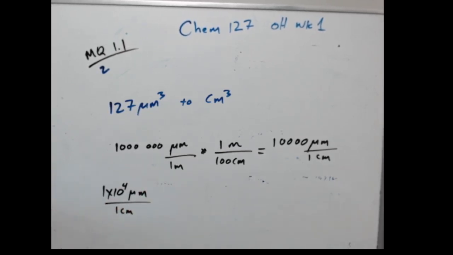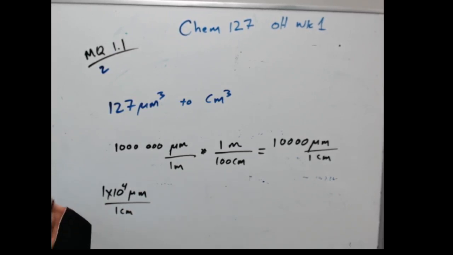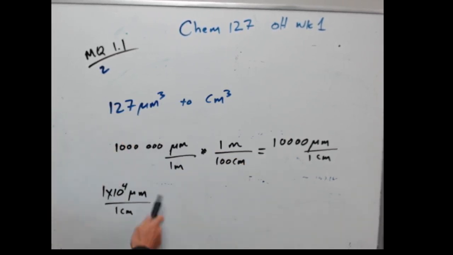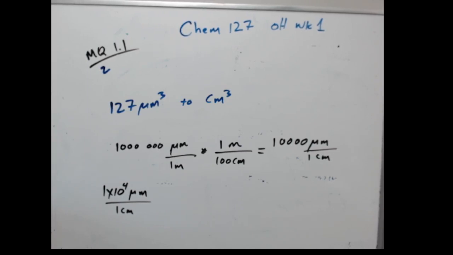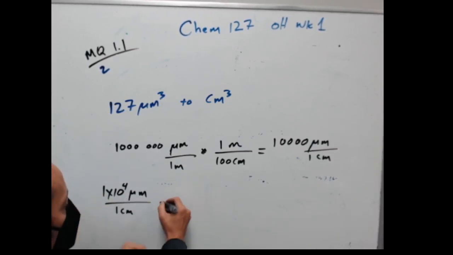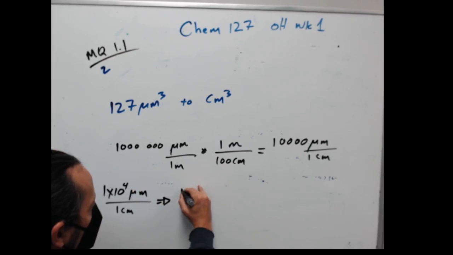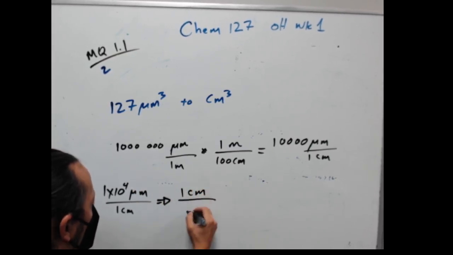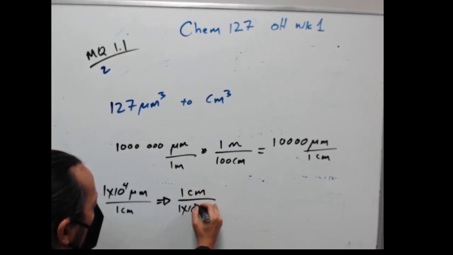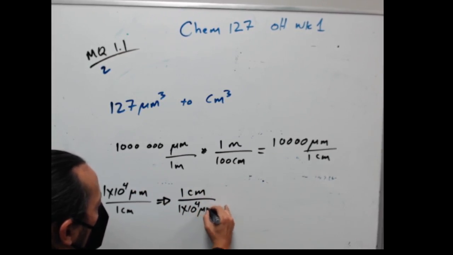That was the main step of this problem: learning how to relate these Latin prefixes, micro to centi, to get a conversion factor. That's part 1 of the problem. Now I'm in micrometers and I want to get to centimeters, so I'm going to flip this over, and I'm going to have 1 centimeter per 1 times 10 to the 4 micrometers.